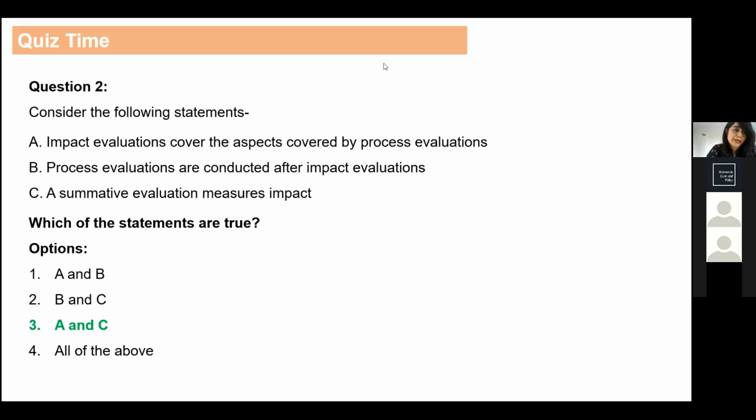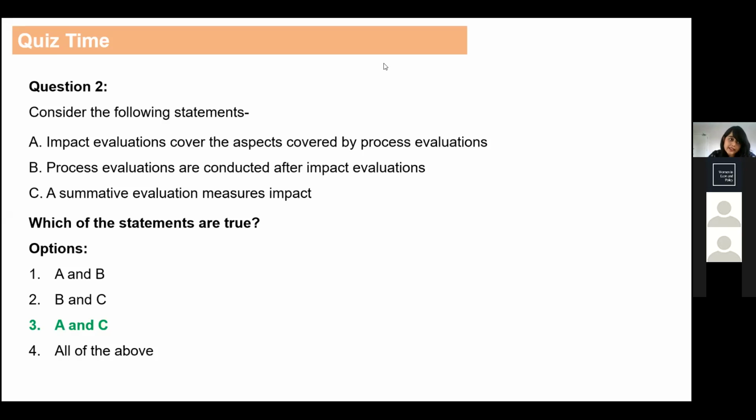As you all know, a summative evaluation is also called an impact evaluation, and hence it measures impact. So option C is correct. Process evaluations are conducted after impact evaluations. That is incorrect, because process evaluations are implementation phase aspects, whereas the impact evaluations are post-intervention or mature intervention measurement aspects. So B is incorrect.